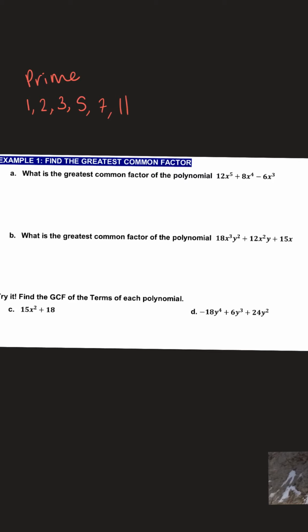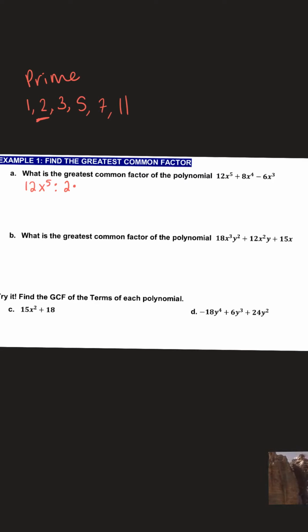So we're going to break 12x to the 5th into its prime factors. I usually like to start with 2. So 12 divided by 2 gives me 6. So I know 2 times 6 gives me 12. But I'm not going to write 6 here after the 2 because 6 is not prime.